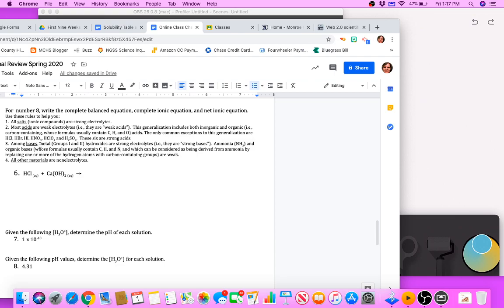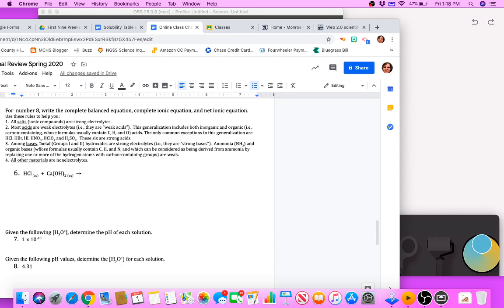All bases are weak except for hydroxides, that's OHs, that are with a group 1 or 2 metal. So LiOH, NaOH, CsOH, KOH, those are group 1 metals, and those are going to be strong bases. Ca(OH)2, Ba(OH)2, Sr(OH)2, any of those group 2 metals with an OH, those are strong bases and they need to be broken apart.